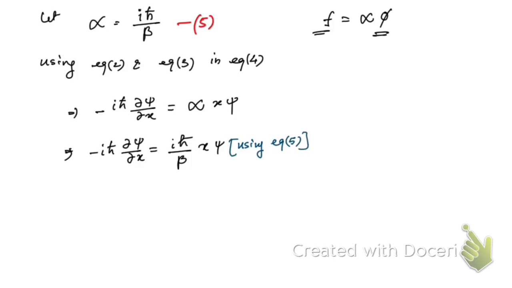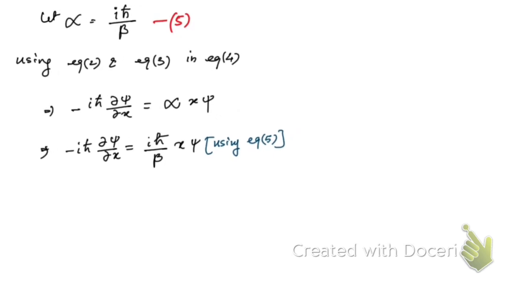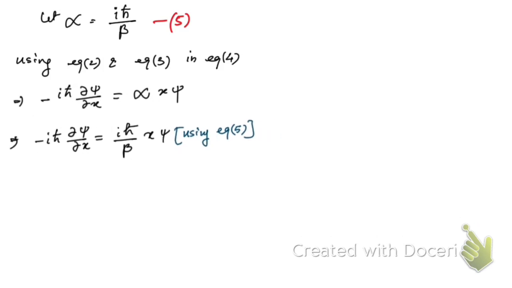Now let me adjust a little bit. So now you can see what we can do from here. First let me cancel those terms which can be cancelled. If we do so, these two cancel here, right? Is there anything else? No, nothing.